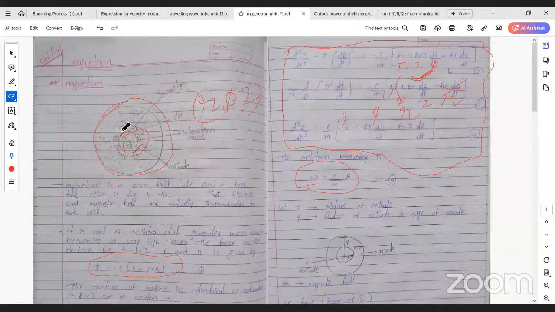Each cavity has a 180 degree phase angle between them. And we are applying DC voltage to the anode, the outer part, and I am also applying a magnetic field. By applying the magnetic field as well as the DC voltage, some cycloidal paths are produced. What is this path? You have dots in the textbook.